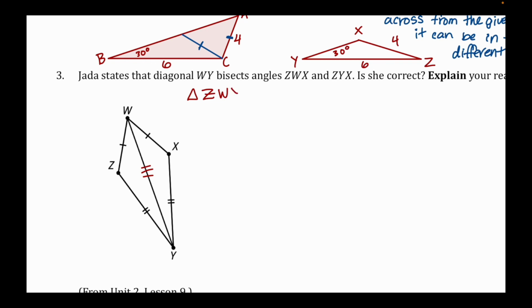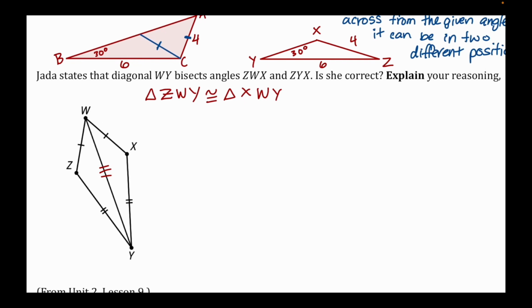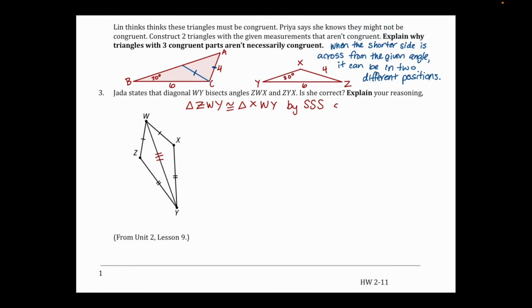That looks like an X, it's a Y, is congruent to triangle XWY by side, since WY is congruent to WY. That's by the reflexive property, or because every segment is congruent to itself.